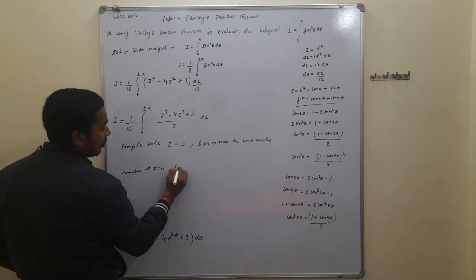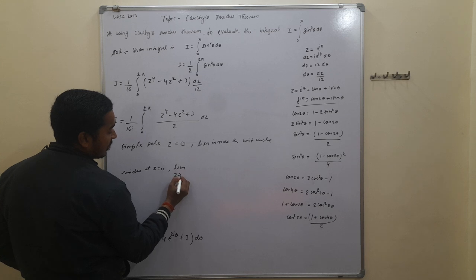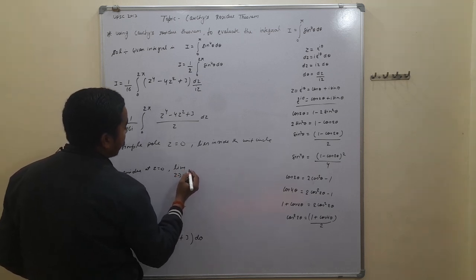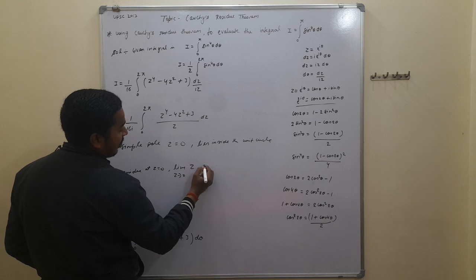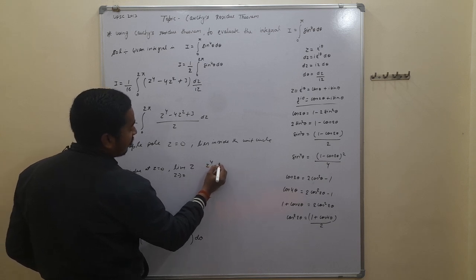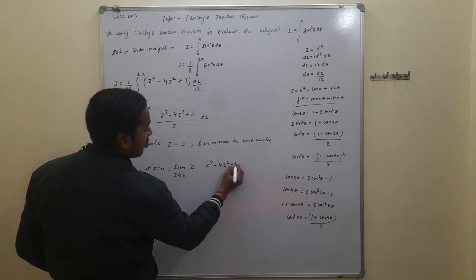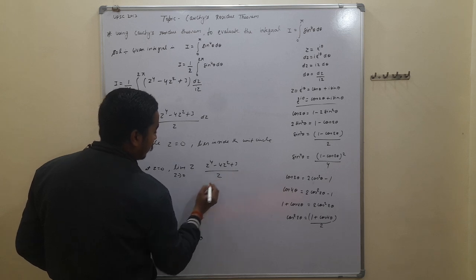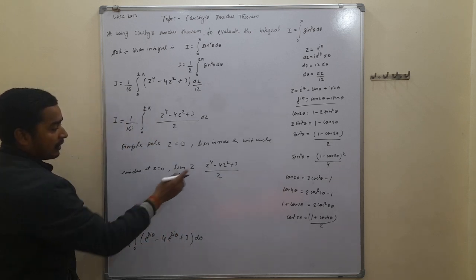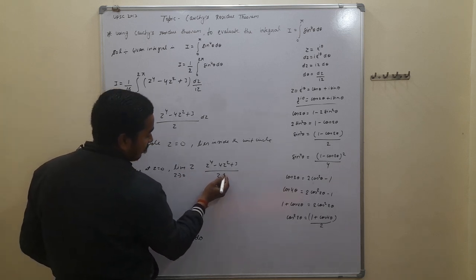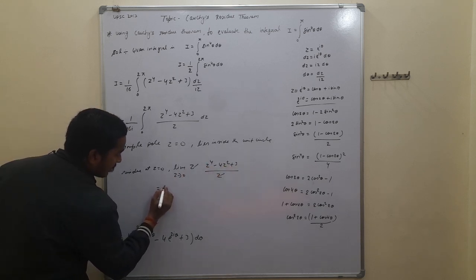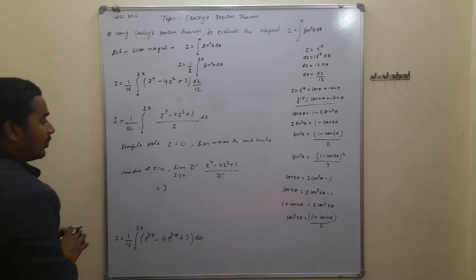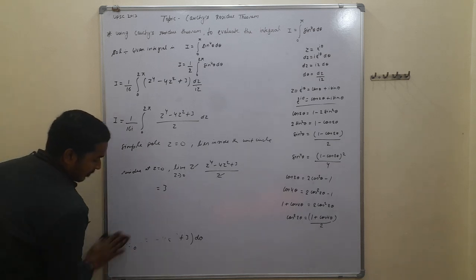This gives the residue at z is equal to 0 as the limit z tends to 0 of z times z to the power 4 minus 4z square plus 3 upon z, and here z and z cancel out, and the residue at z is equal to 0 is 3.